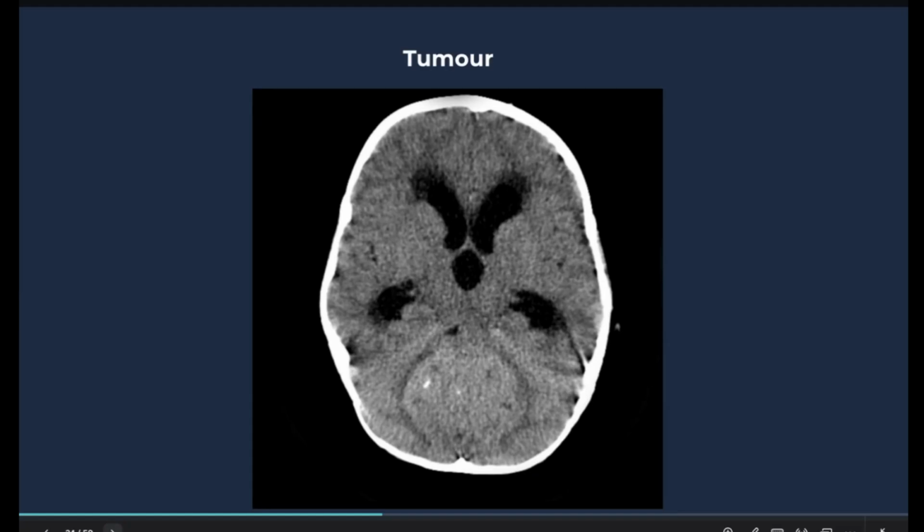And then if you have raised intracranial pressure, you would also be thinking about space-occupying lesions such as tumors as well. Can anyone tell me which part of the image has got the tumor on here?